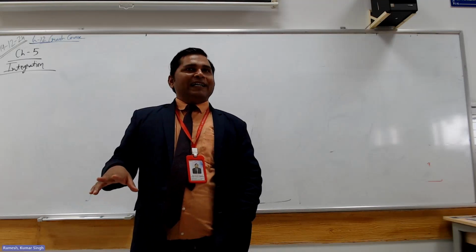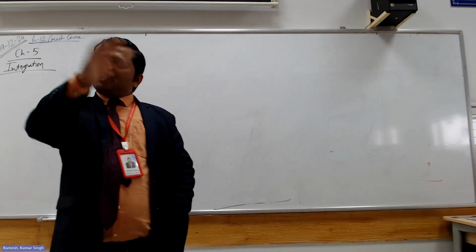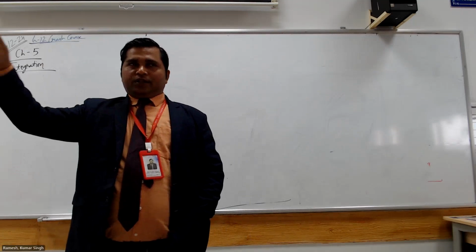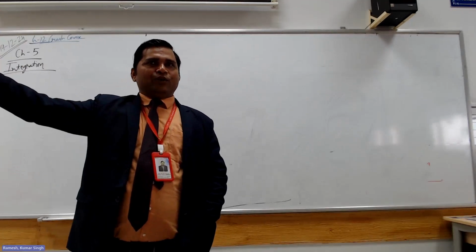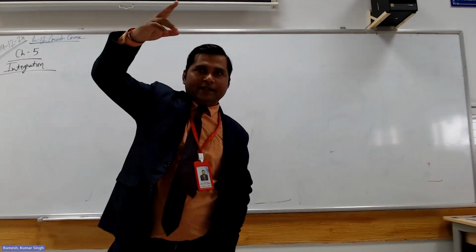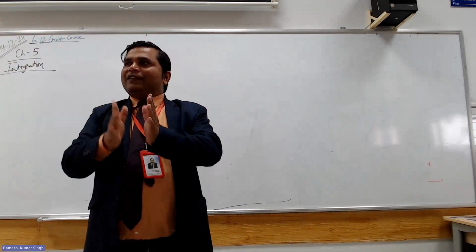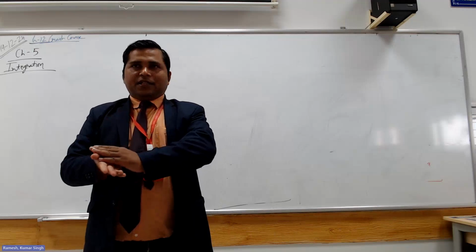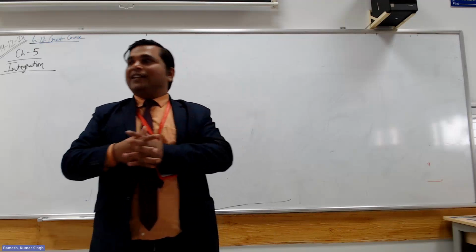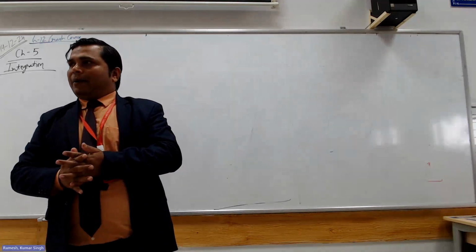We can also find the original function. If dy by dx is given to you and we want to find y, we can integrate. Integration nullifies the differentiation and you get y back. You get a function back. Am I making sense?